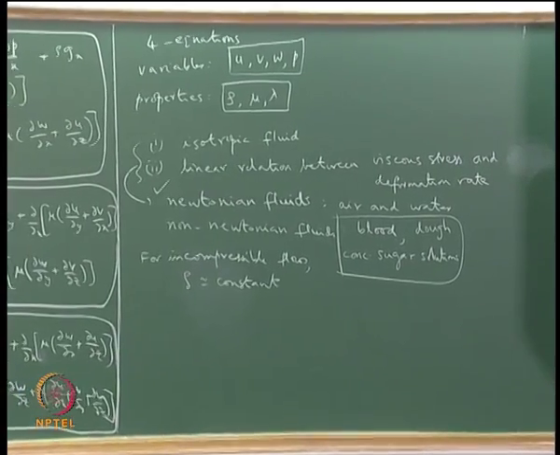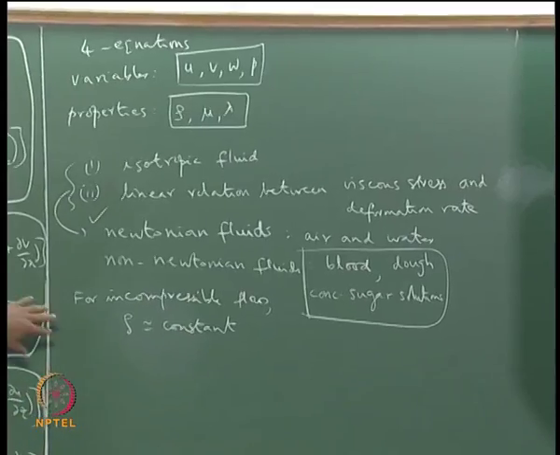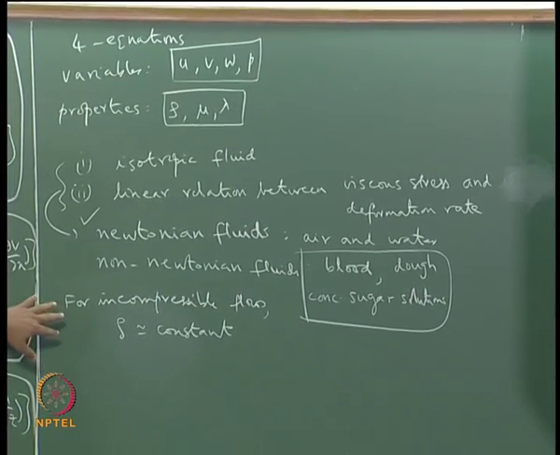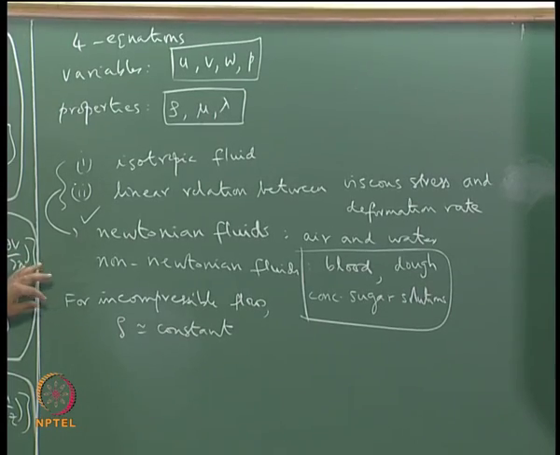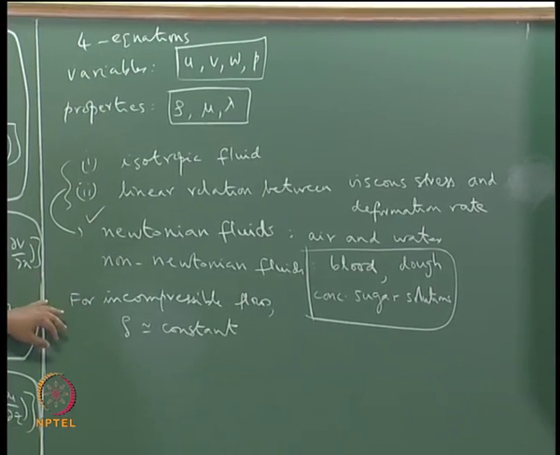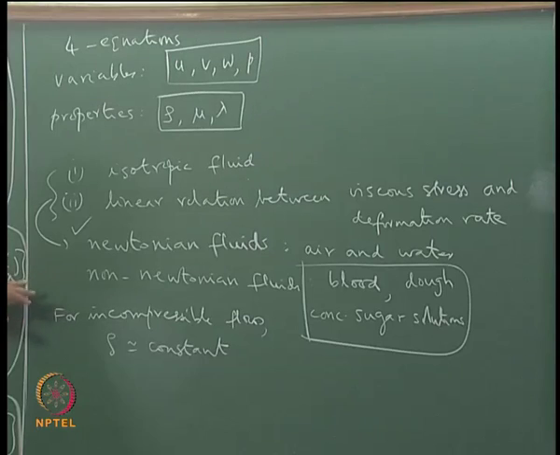from place to place, and here we are talking about density being constant in an isothermal flow where you have no temperature changes, and whatever density changes that we are talking about are the pressure versus density relation.